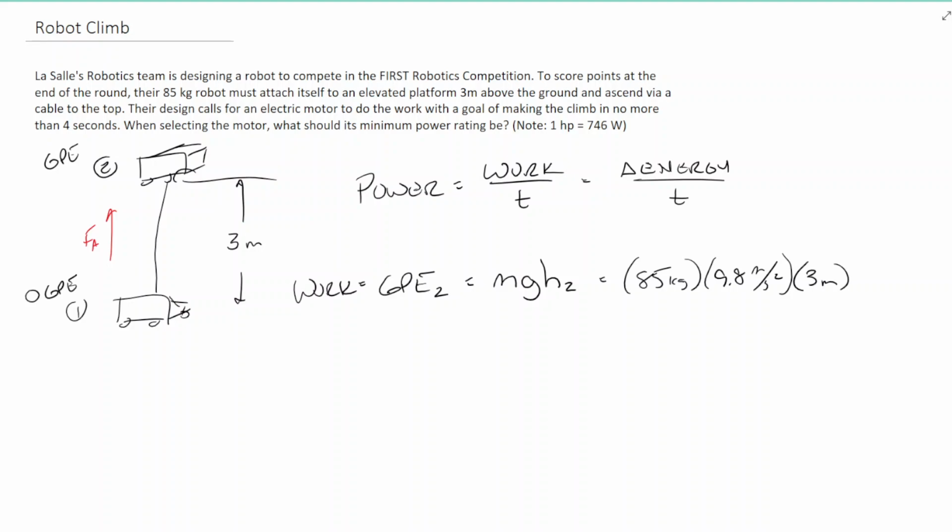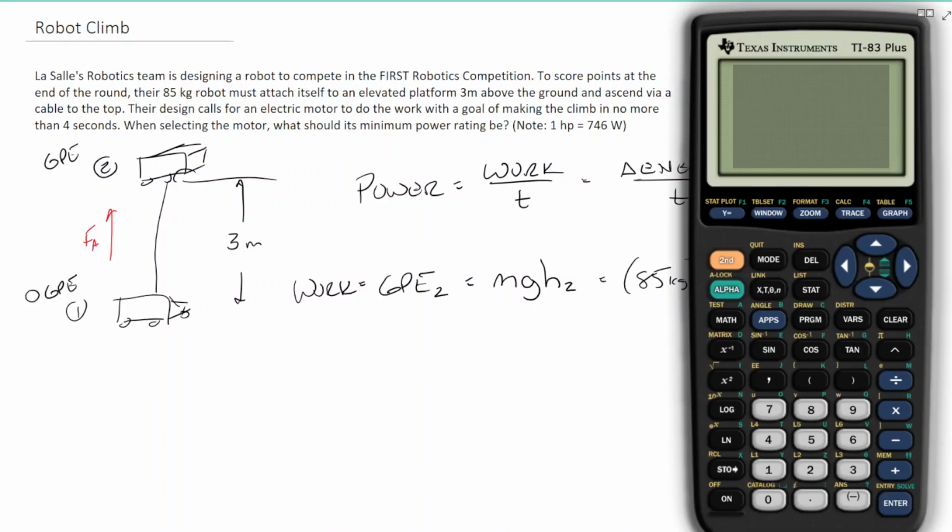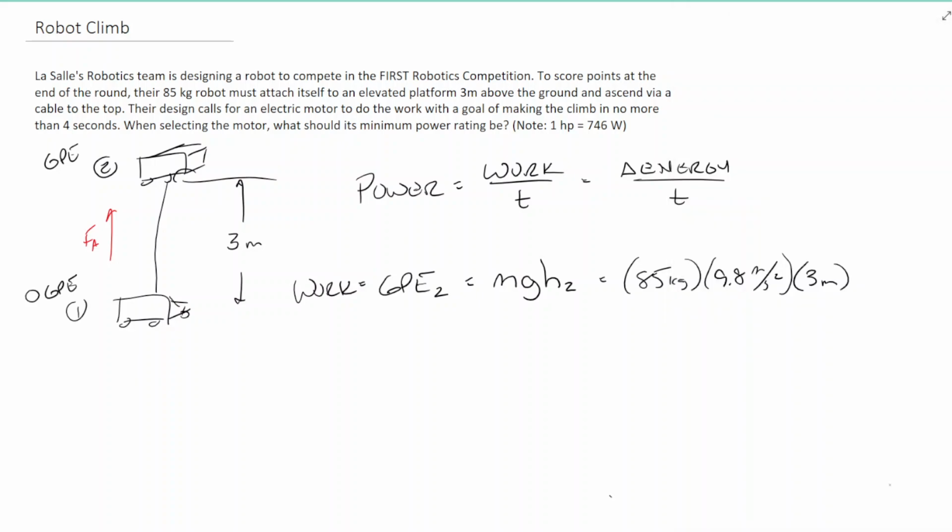And that'd be kilogram meters squared per second squared. That is joules. And let's calculate 85 times 9.8 times 3. We have 2,499 joules. 2,499 joules of work needs to be done.